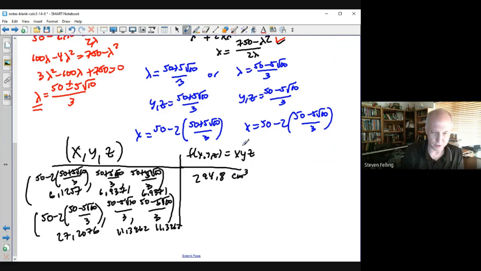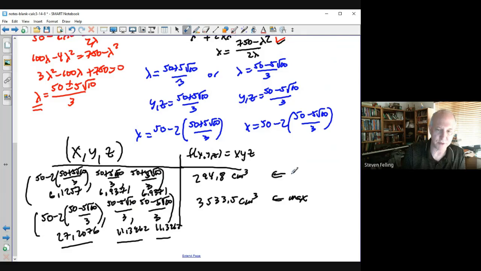And then the other one would be 27.2076 times 11.3962 times 11.3962 would be 3,533.5 cubic centimeters. So the max volume occurs when you have this particular arrangement for x, y, z, and the minimum volume would be when you have that particular arrangement.